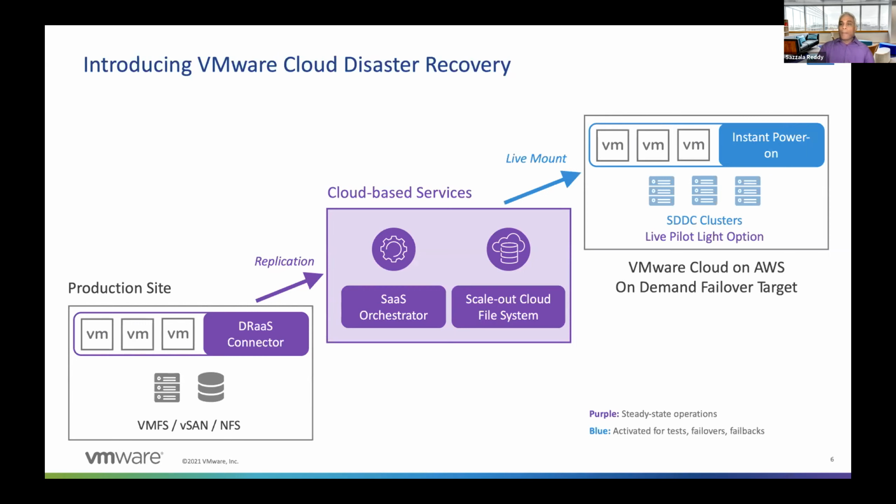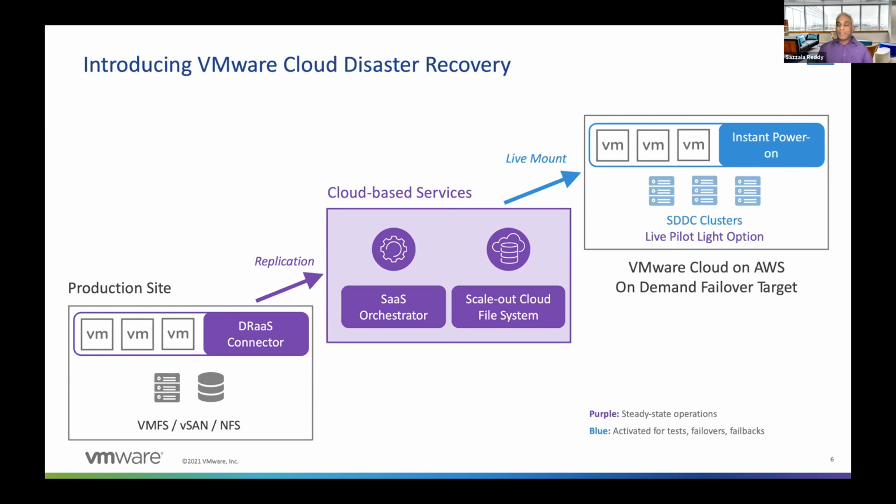We will automatically launch VMware SDDC clusters in Amazon, and then live mount our file system directly as a datastore into these SDDC clusters so that we can instantly power on the VMs and you can start running your workloads.